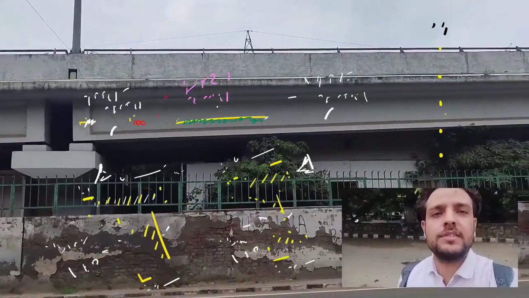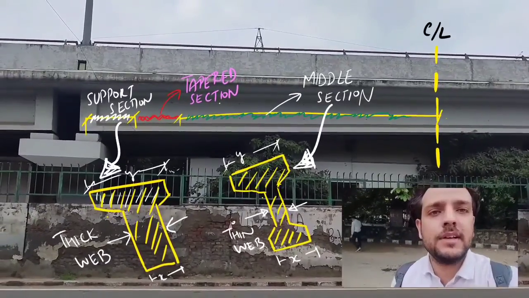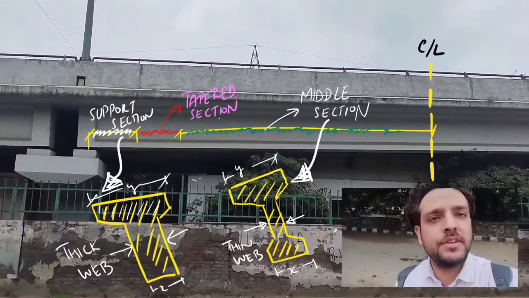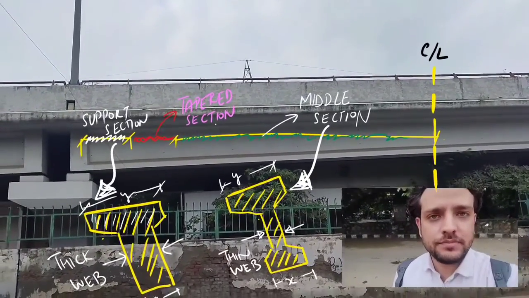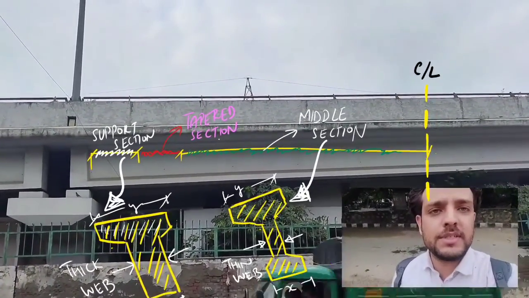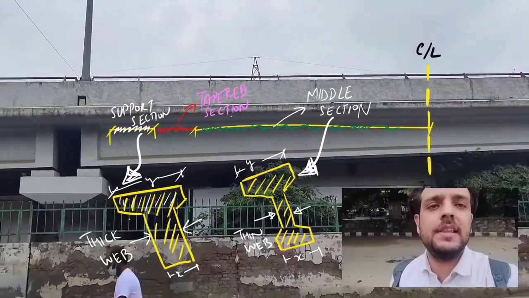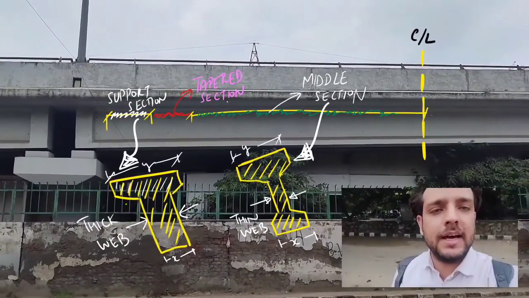And yes, for a simply supported beam, we normally check the shear force at effective depth from the face of the support, and in doing so, you see that the support section is extended at least till the effective depth of the entire structure.